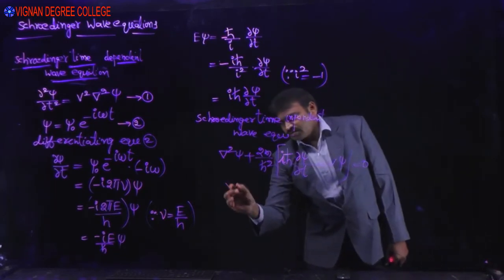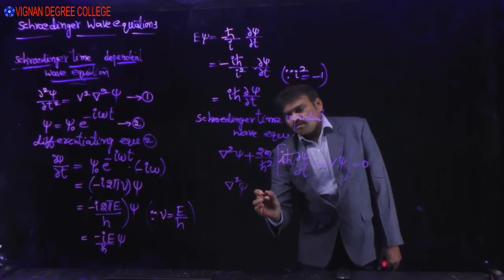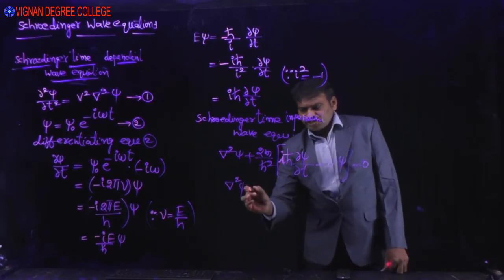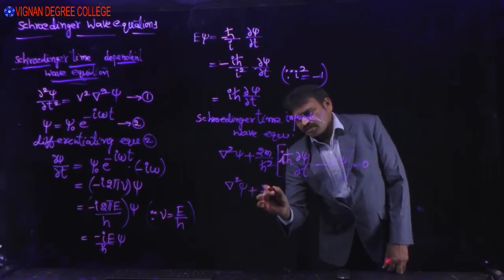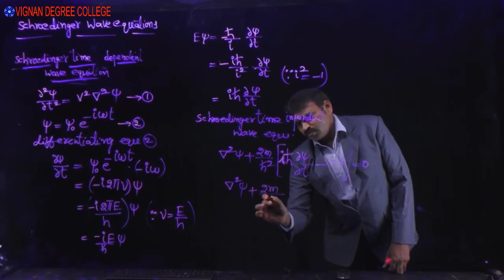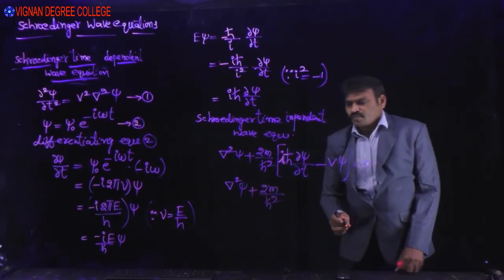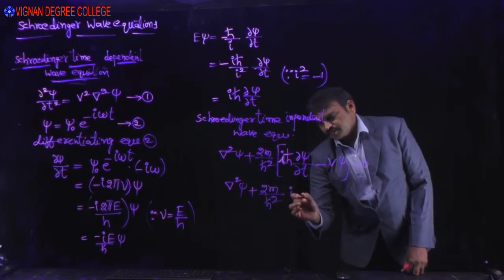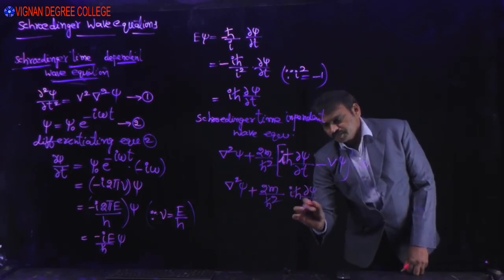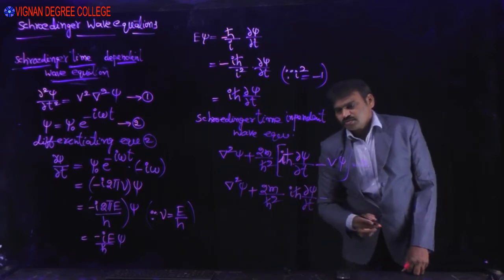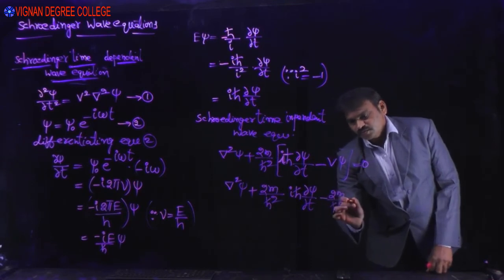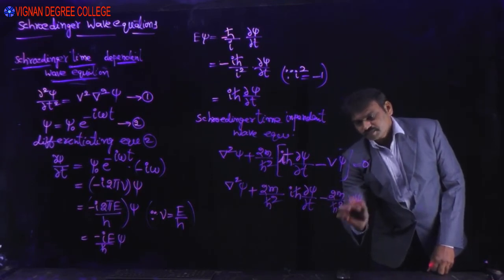So this equation becomes ∇²ψ + (2m/ħ²) iħ ∂ψ/∂t − (2m/ħ²) Vψ = 0.